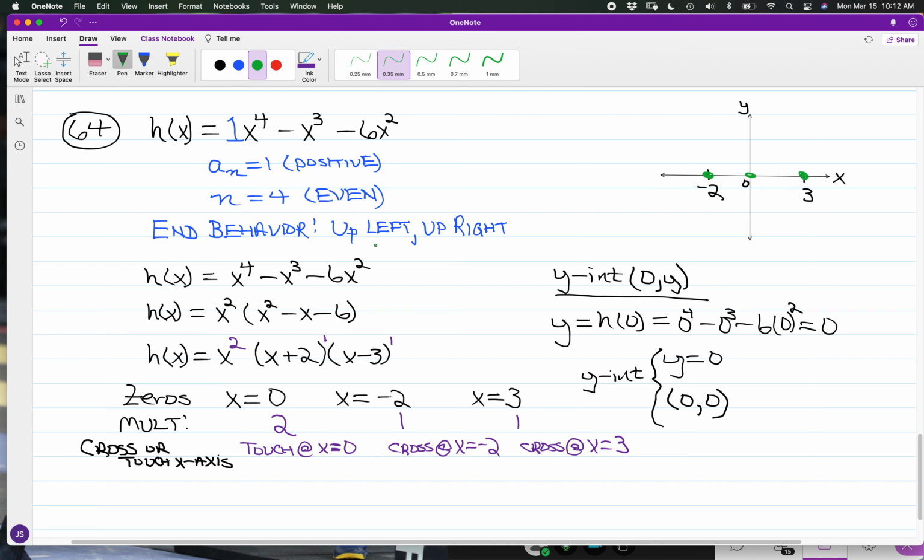And again, just for the end behavior, we have up to the left and up to the right. We can project those from the extreme left and extreme right zeros. So we have up to the left. And for the extreme right zero, we have a 3 from this. You have up to the right.